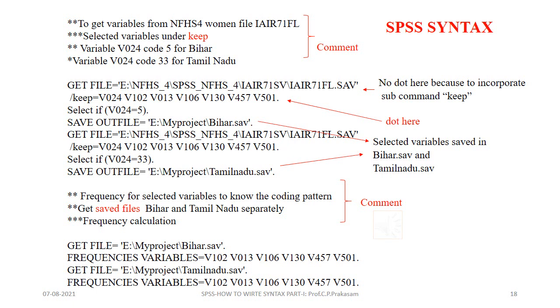Then it will generate the frequency for the selected variables for the two states, Bihar and Tamil Nadu. You can give V024 equals any other code, then it will fetch the data from the original file and this procedure can be repeated.